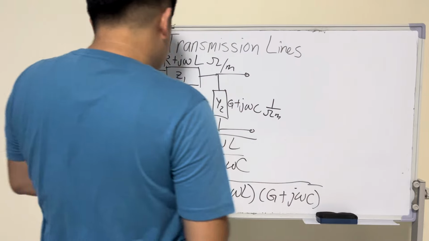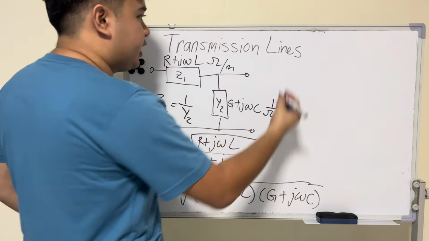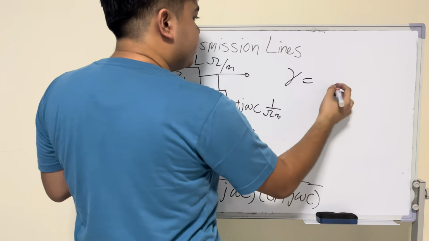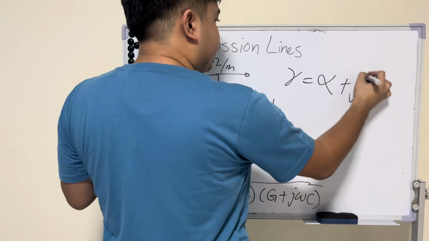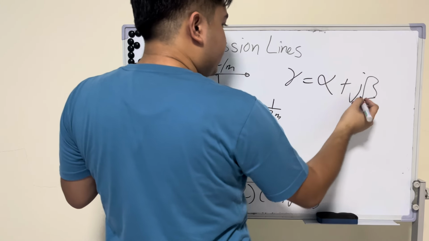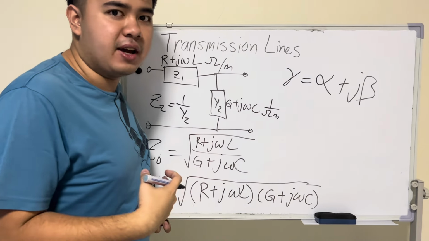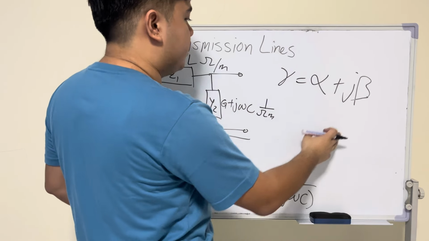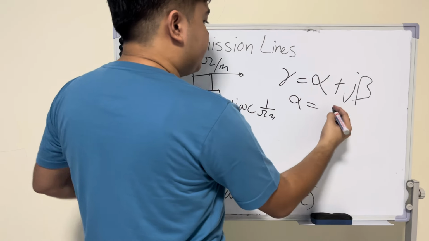Alright, so the propagation constant can be broken down into two parts, alpha plus j beta. Again, j is the square root of -1, or the imaginary unit. This is a complex number. Alpha is the attenuation constant.